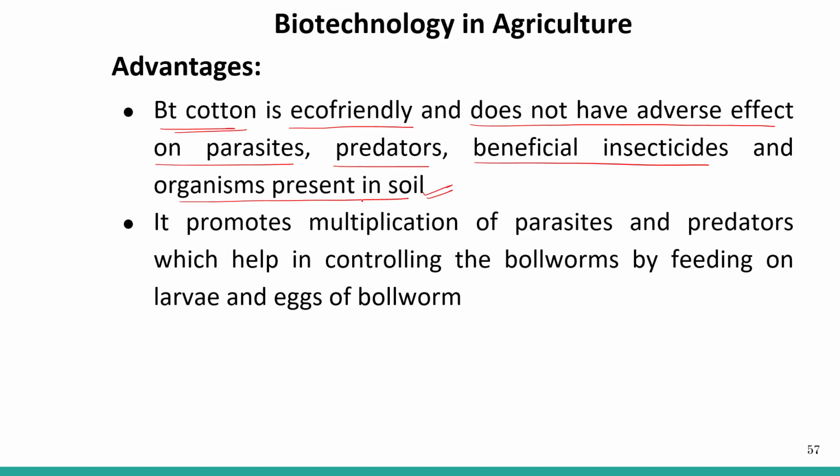It does not even harm the organisms present in the soil. So this particular BT cotton is good to use. It promotes multiplication of parasites and predators, which help in controlling the bollworms by feeding on the larvae and eggs of the bollworms.